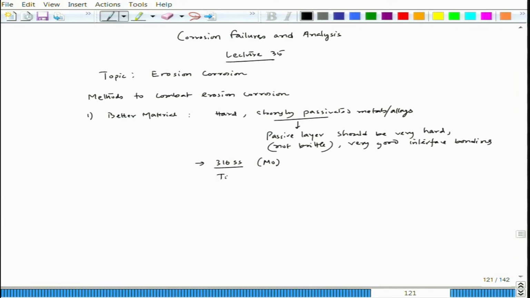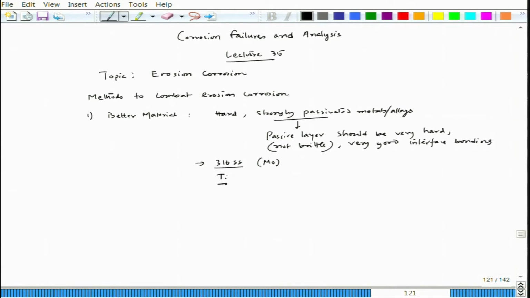If you recall, with the velocity of sea water, even if the speed goes to around 27 feet per second, still the erosion corrosion rate of titanium is very low. In case of titanium, there is hardly any erosion corrosion even at that speed of 27 feet per second of sea water, and in 316 also it is almost negligible. So, better material can definitely prevent erosion corrosion to a great extent.